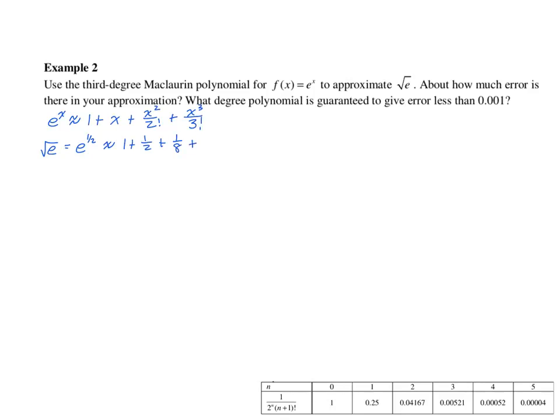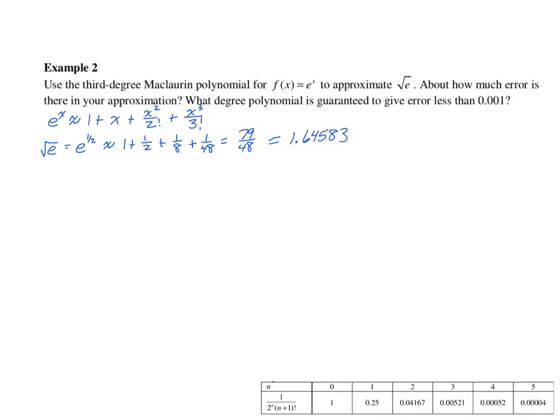And then 1/2 cubed over 3 factorial comes out to 1 over 48. And that is 79 over 48, which is about 1.64583. So that's our approximation for the square root of e.